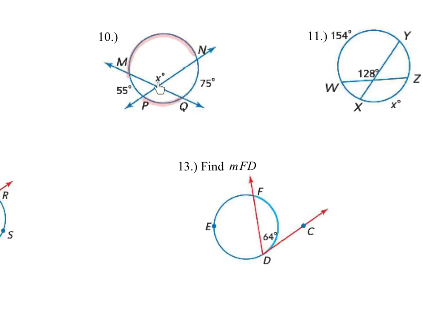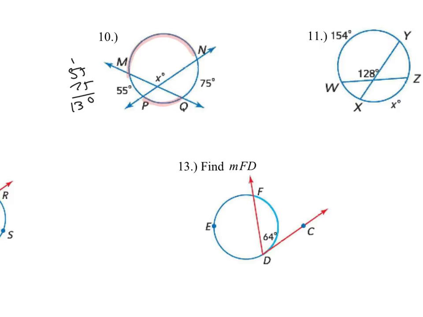So whatever x is, it's going to be half of the sum of those two arcs. Well, we don't know what either of these arcs are, what their measures are. However, we can use the fact that this arc is 55 and this arc is 75. And so let's just add those together real quick. 55 and 75 is 130.